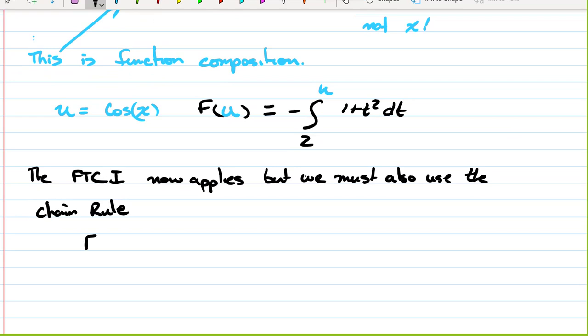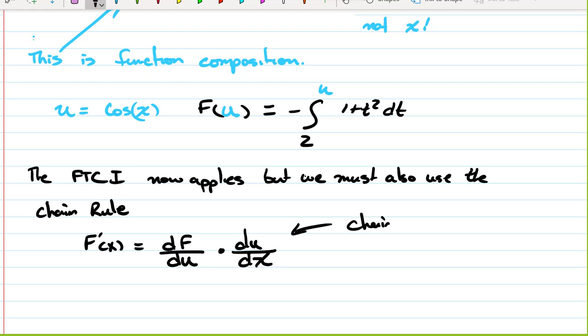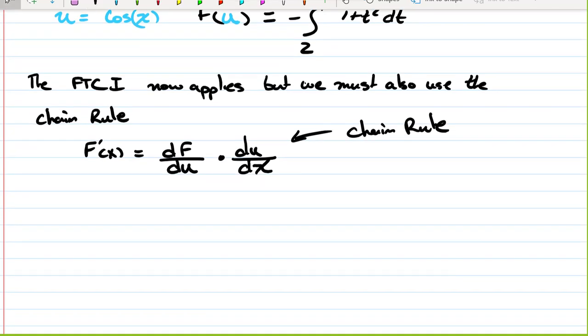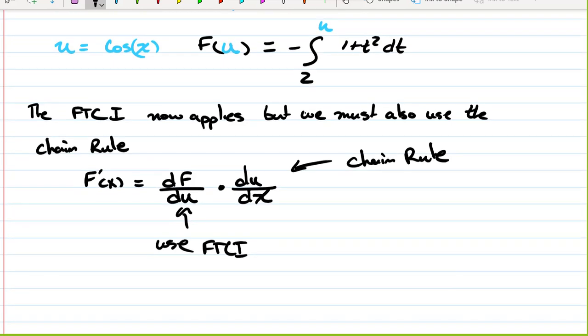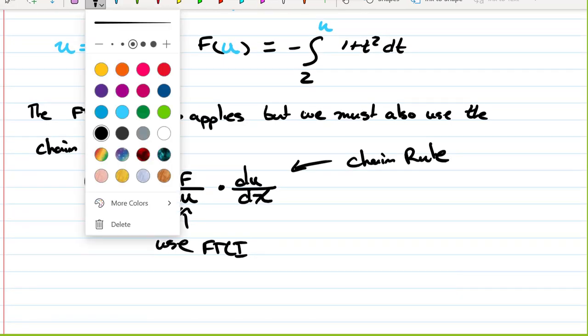So then F prime of x is going to be equal to df du times du dx. So this is the chain rule. And then to find df du, we need to use the Fundamental Theorem of Calculus Part 1. So now we look at df du.